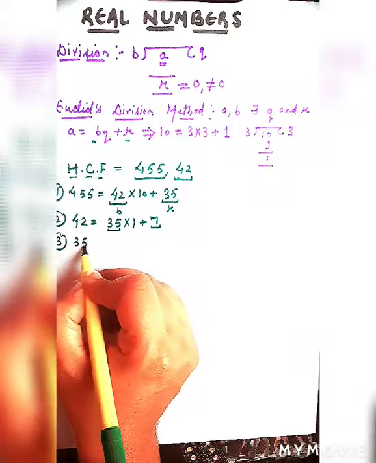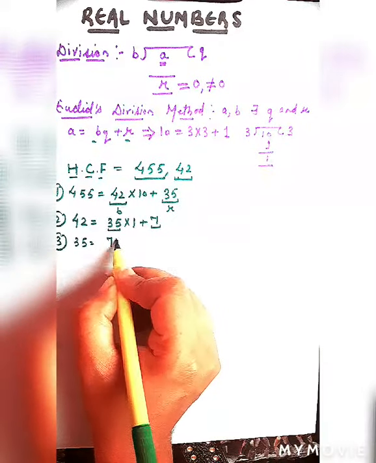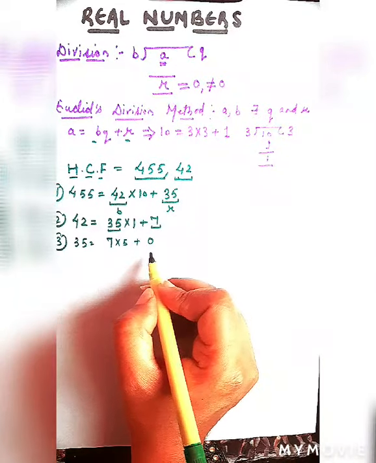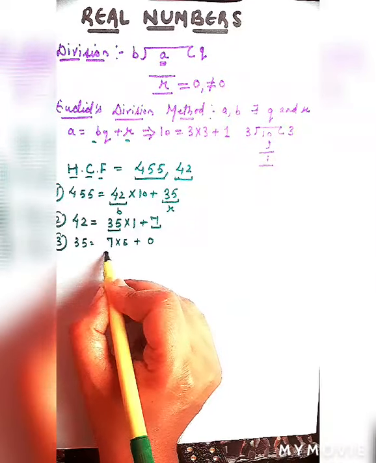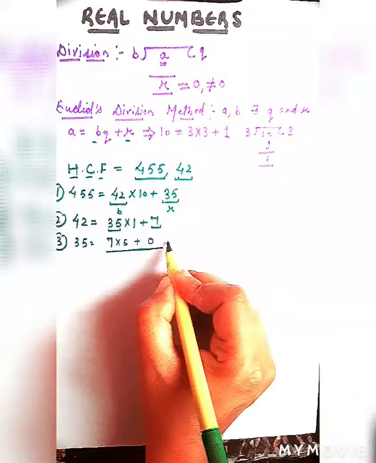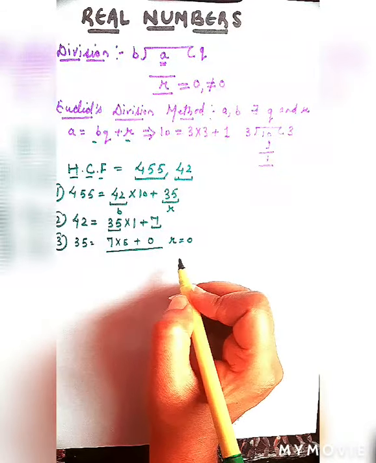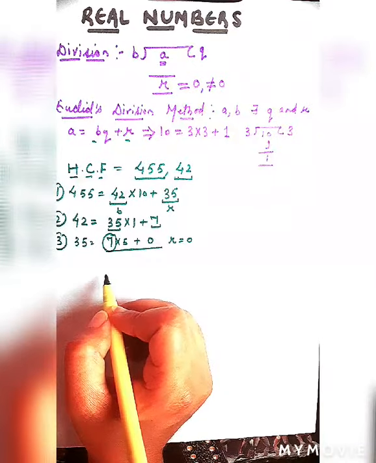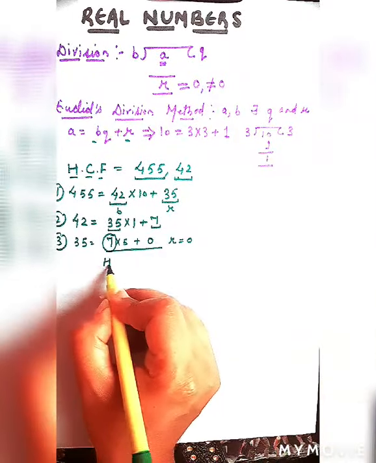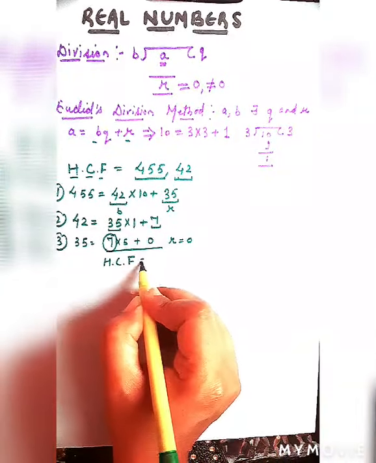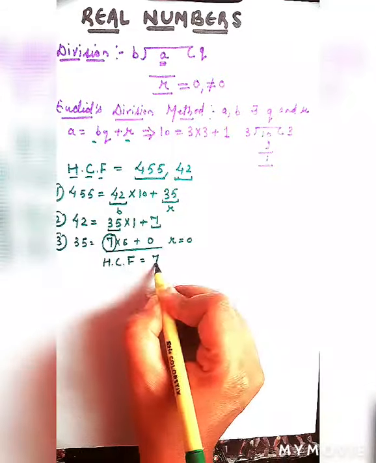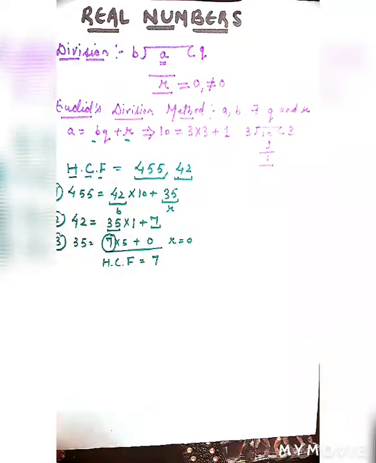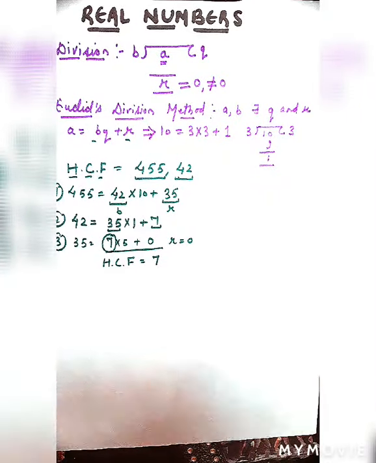So 35 is equal to 7 multiplied by 5, 7 fives are 35, and the remainder is 0. So the last step in which the remainder is equal to 0, the divisor at that point will be the highest common factor of those two numbers. So in this case 7 is the highest common factor of 455 and 42, right?